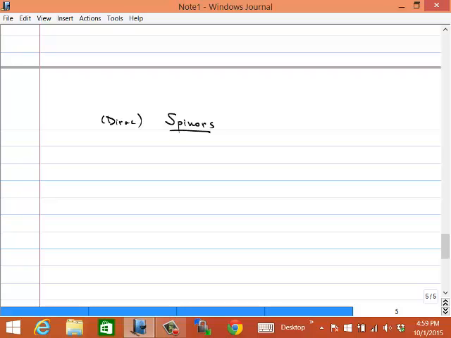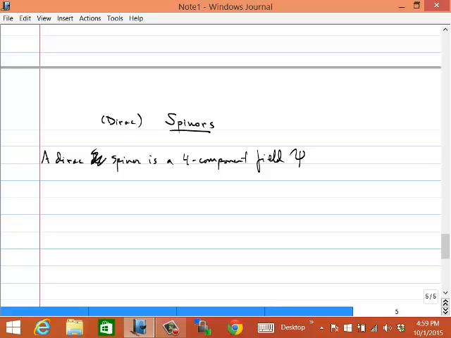And what is a Dirac spinor? A Dirac spinor is a field usually denoted psi, which has four components.